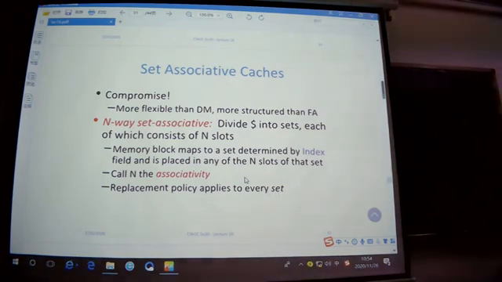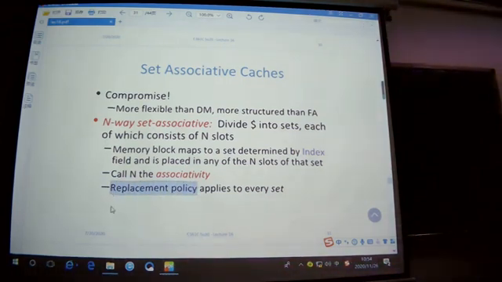Associativity is the noun, so this is the name or the term. Replacement policy applies to every set. Replacement policy we discussed in a former class. So replacement policy is effective and is safe.